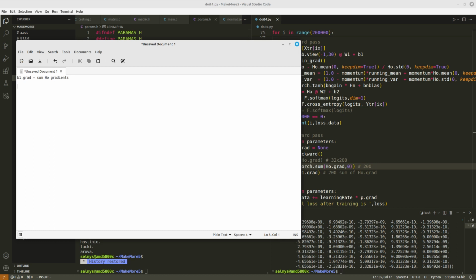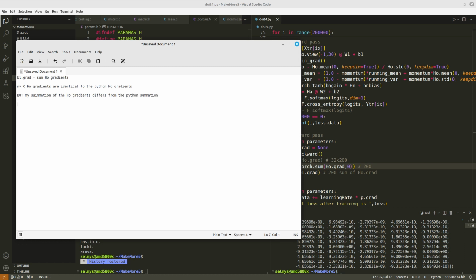Now, my C HO gradients are identical to the Python HO gradients, but my summation of the HO gradients differs from the Python summation.